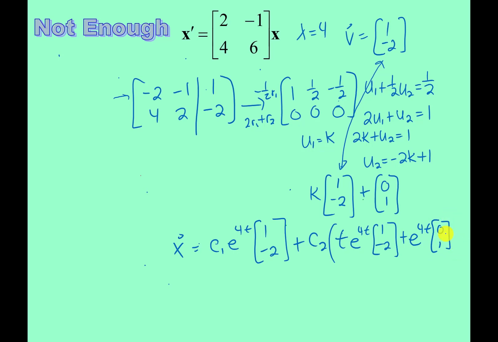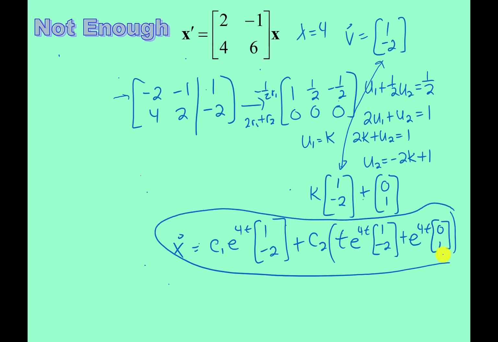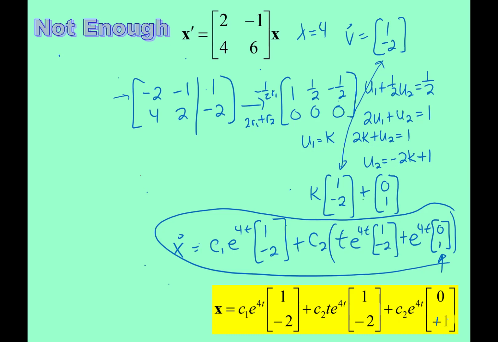So what we did here is we found what's called a generalized eigenvector, our u. The solution needs to have the t e to the eigenvalue t eigenvector, but then it also needs that additional piece.